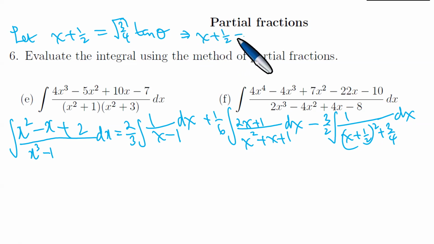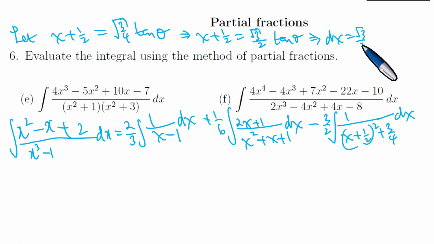This means that x plus 1/2 is the square root of 3 out of 2 tan theta. This means that dx is the square root of 3 out of 2 sec squared theta.